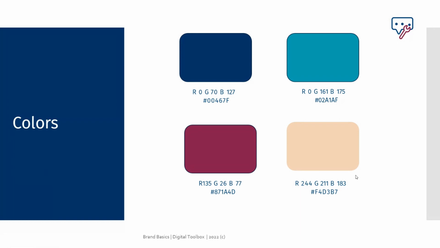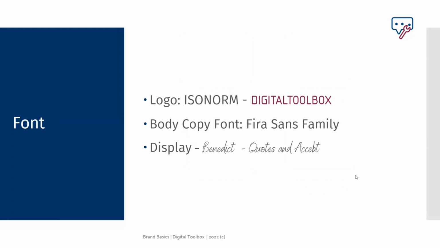In addition to colors, font matters. For example, for Digital Toolbox, to give it that kind of fun, little bit of a techie look, we use a font called isonorm. That's great for my logo, but it isn't as readable as I'd like in upper and lower case.